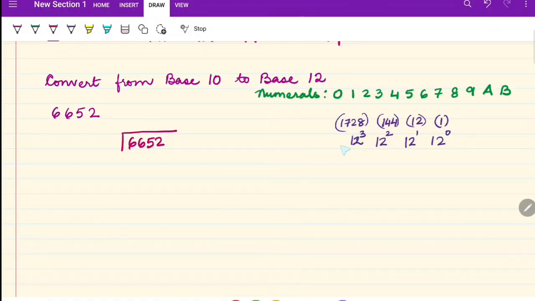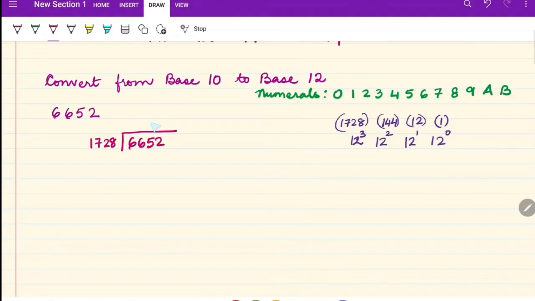I haven't written out the calculated value for 12 to the power 4. If you do the calculation, you'll see that it is a number larger than 6,652. So we'll start by dividing it with 1,728.